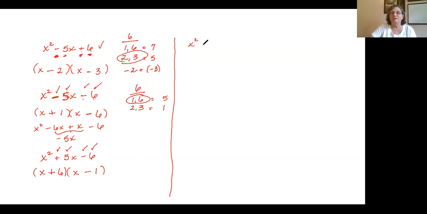What if we had x squared minus 7x plus 12? 12's factors would be 1 times 12, 2 times 6, 3 times 4. Already used the 4, so that's it. Factors of 12 that add up to 7. Well, this adds up to 13.